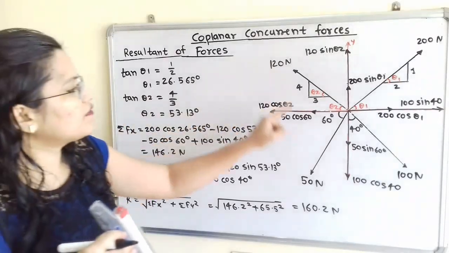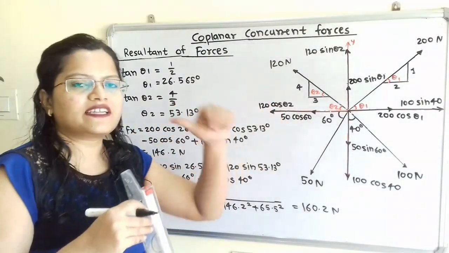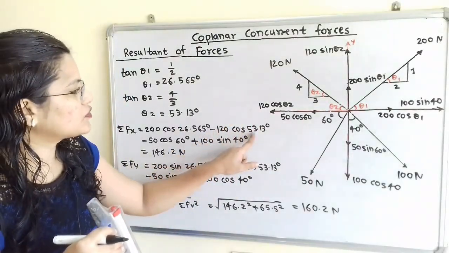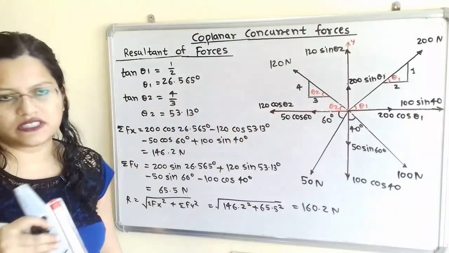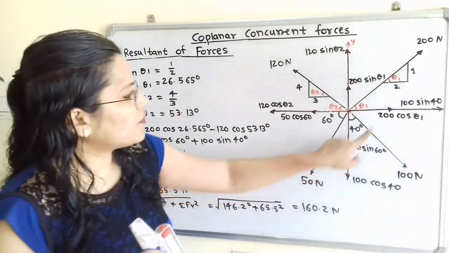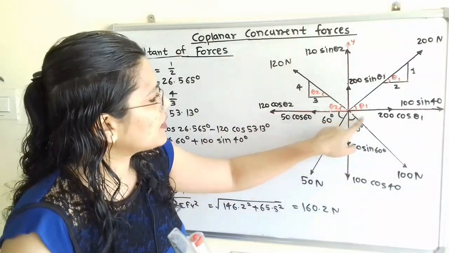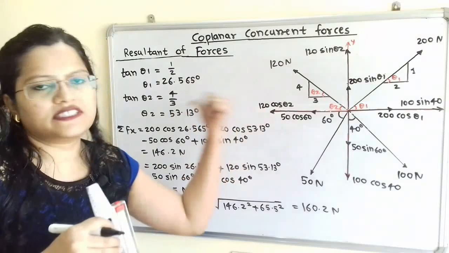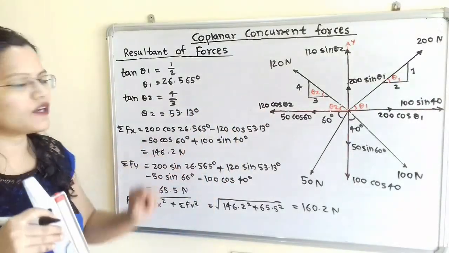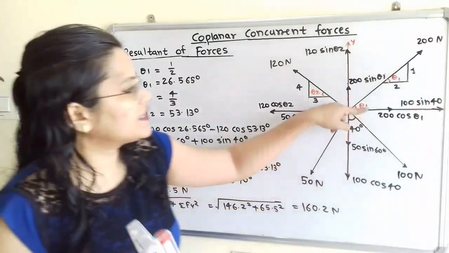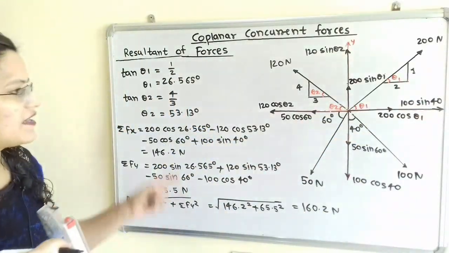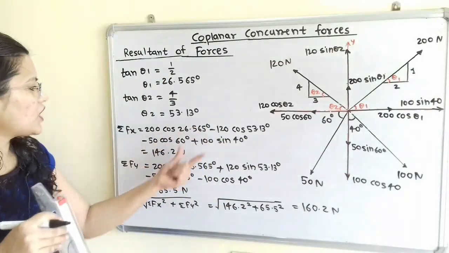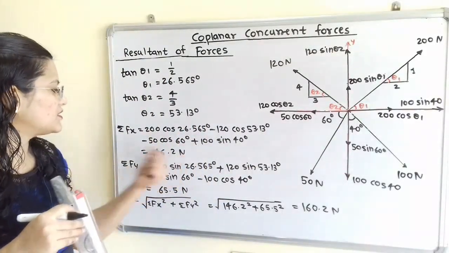For 120 it is towards the left-hand side, the opposite direction, so minus 120 cos of theta2, that is 53.13. For 50, the horizontal component 50 cos 60 is in the opposite direction, so minus 50 cos 60. For 100 it is towards the right-hand side, so plus 100 sine of 40 degrees. If we solve this, we get 146.2 Newton.